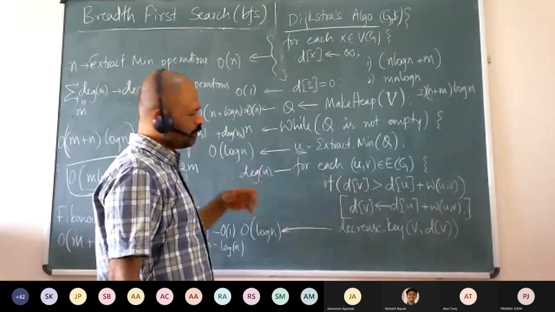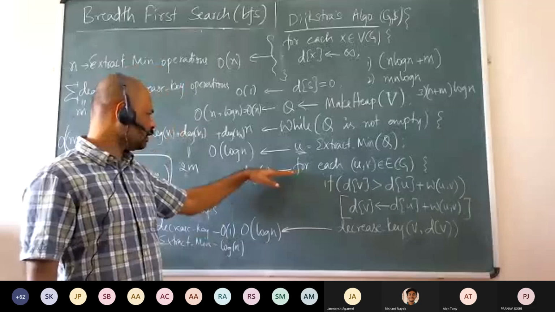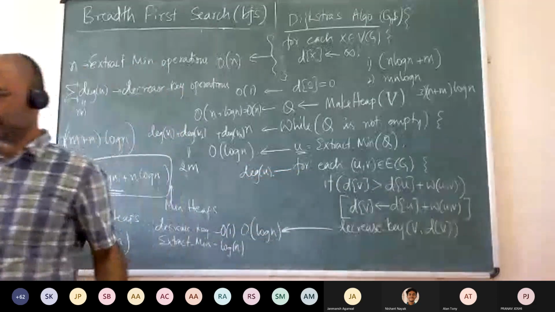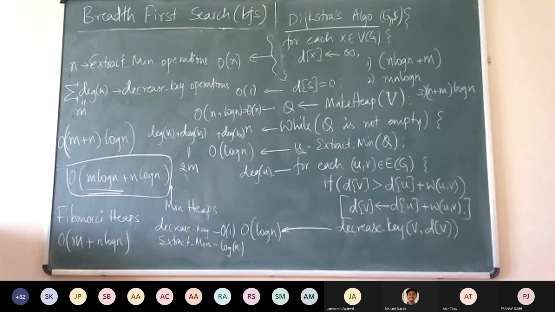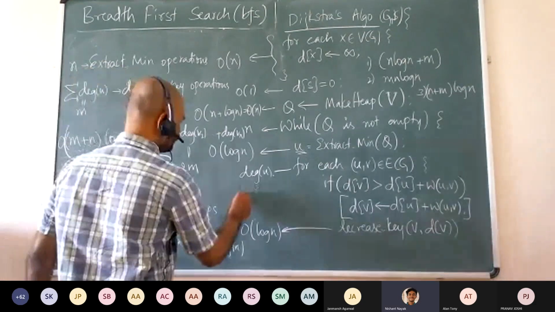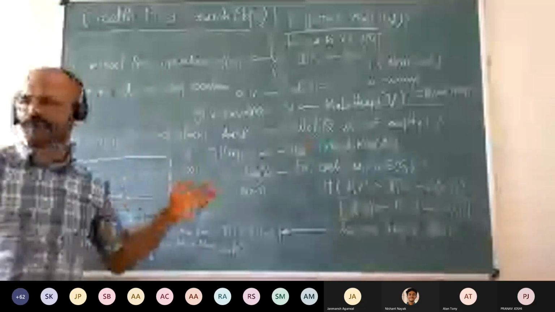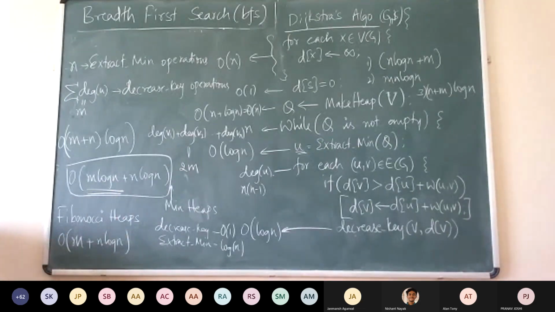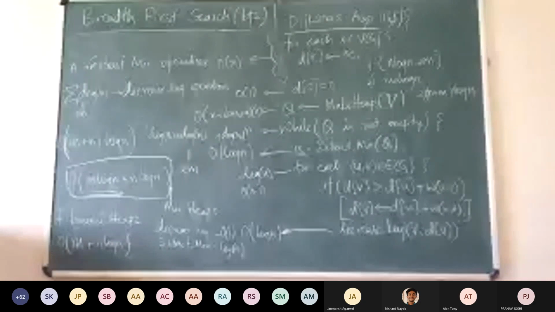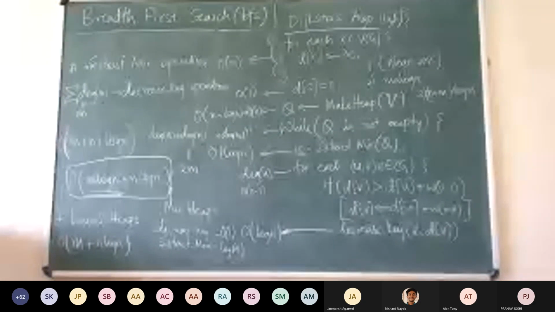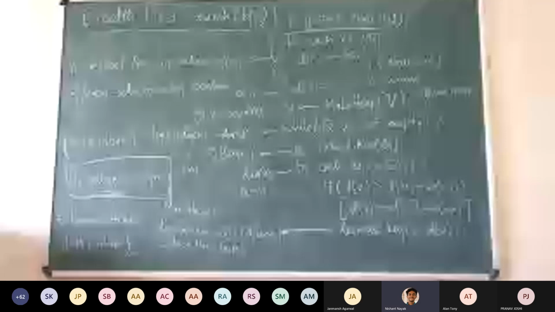Even if it is a complete graph, the degree of each vertex is n minus 1, but m is n choose 2. So it would be n into n minus 1 because it is a complete graph. n into n minus 1 is a good bound, but m is a better upper bound because it depends on the degree of the particular vertex u rather than n. Understood, sir.